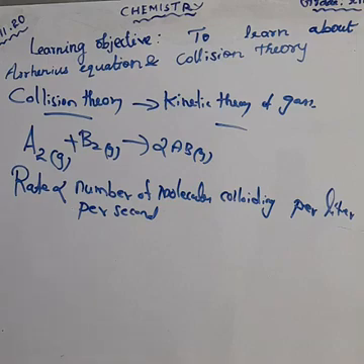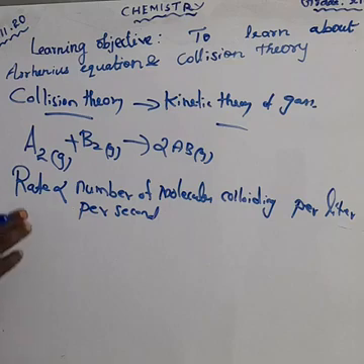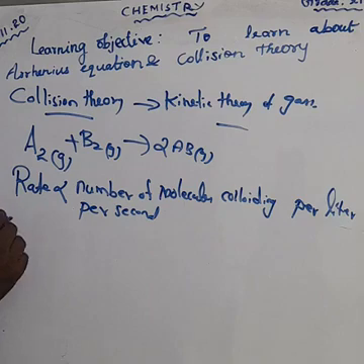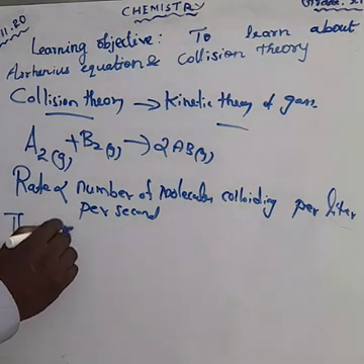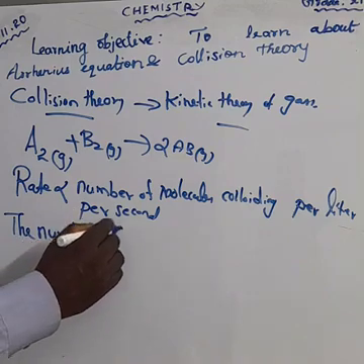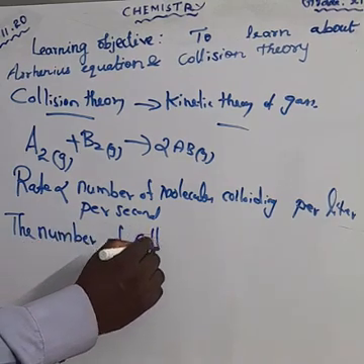You should write the collision rate formula. The number of collisions is directly proportional to the concentration of both A2 and B2.